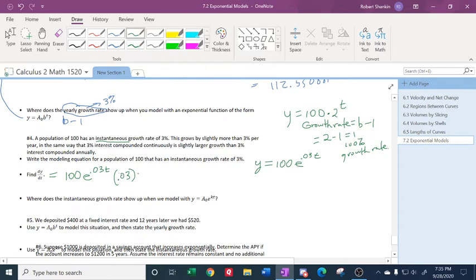Now, here's the important part. This right here is y again. So this is equal to 0.03y.